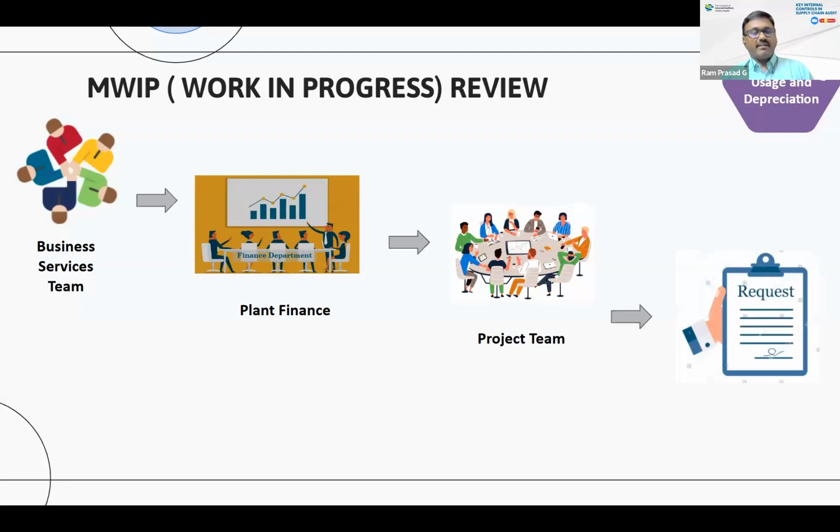If we have 100 rupees as the approved budget, and after we spend 80 the project got over, then there's no need to keep that MWIP or that particular CEC open in the system. So a periodical review of this can help you with a list of assets that can be capitalized, and a list of CEC or the CWIP projects that can be closed in the system.